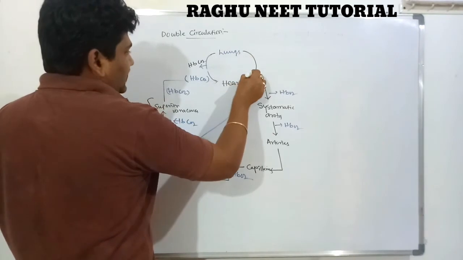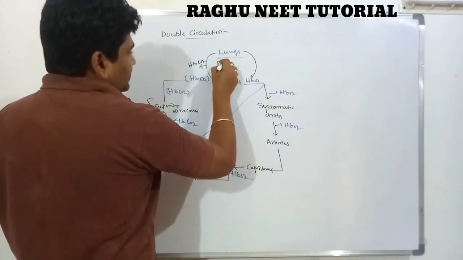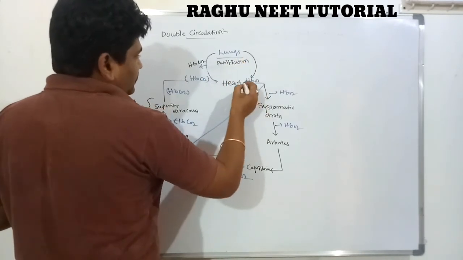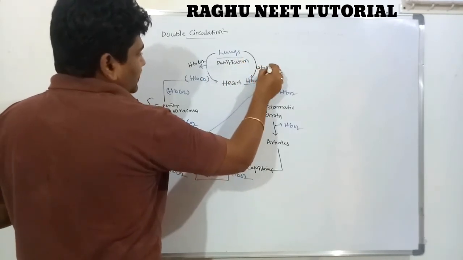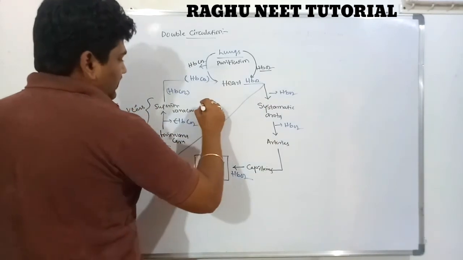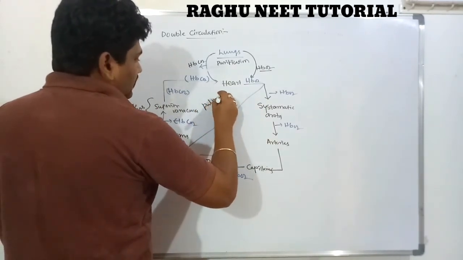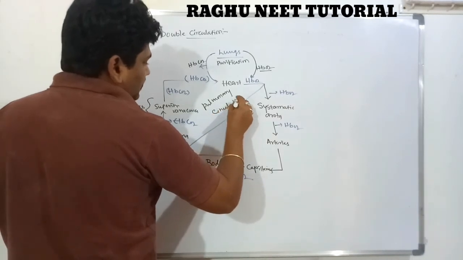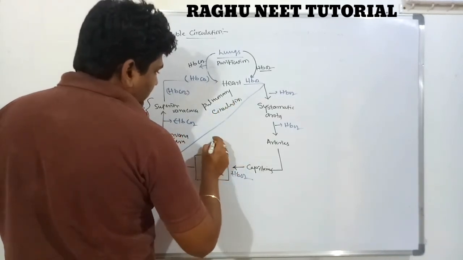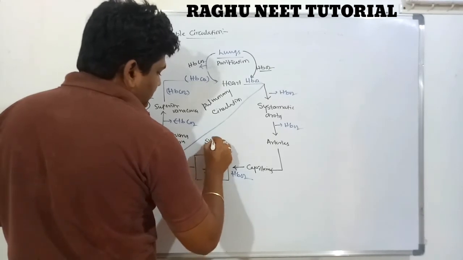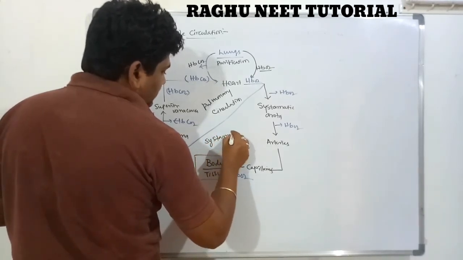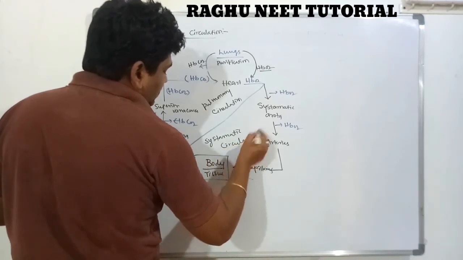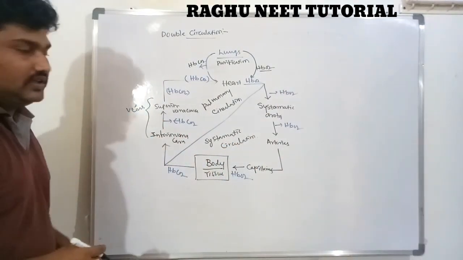After the purification occurs, it is converted into oxygenated blood. So this is known as pulmonary circulation. This is known as systemic circulation. Pulmonary and systemic circulation.